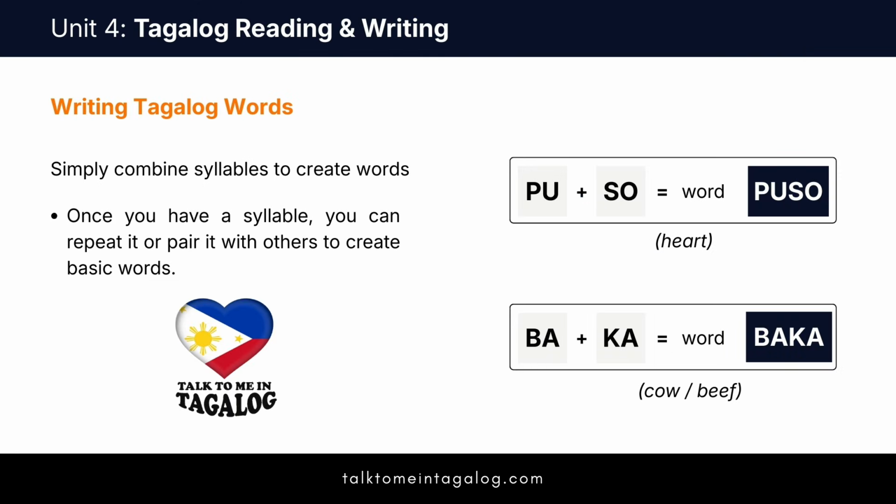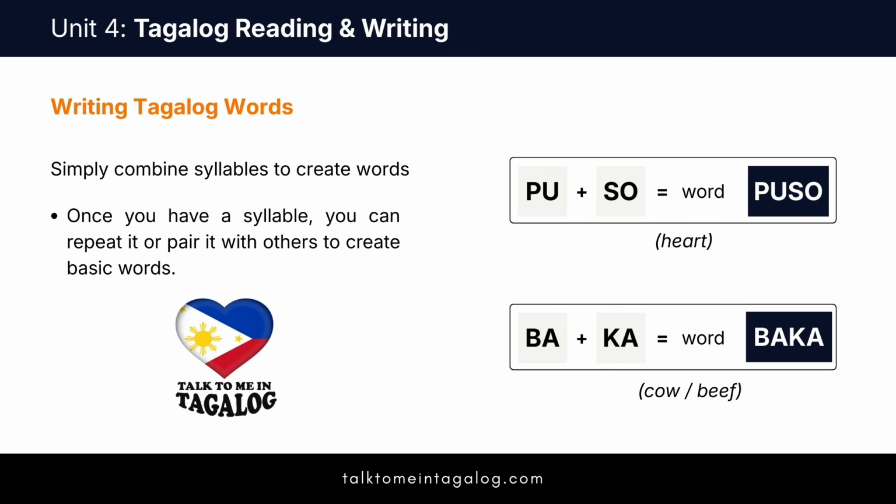Now that we've covered the sounds of vowels, consonants, and special vowel combinations, it's time to start putting syllables together to form actual words. In Tagalog, words are simply built by combining syllables. Think of it like building Lego sets. Once you know a syllable, you can repeat it or pair it with others to create basic words.